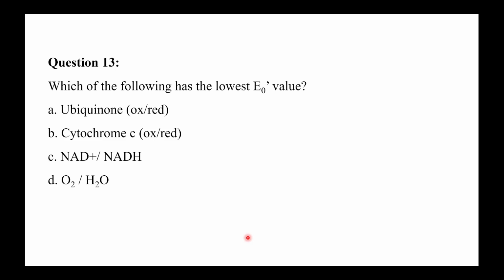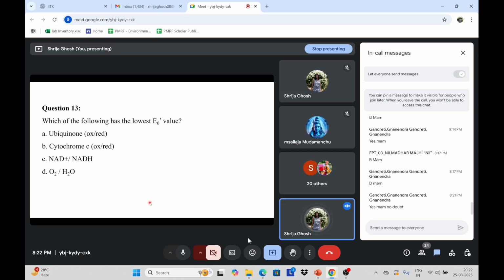And option D is oxygen versus water, O2 by H2O. Which of the following has the lowest E0 values? Anyone knows the answer to this?